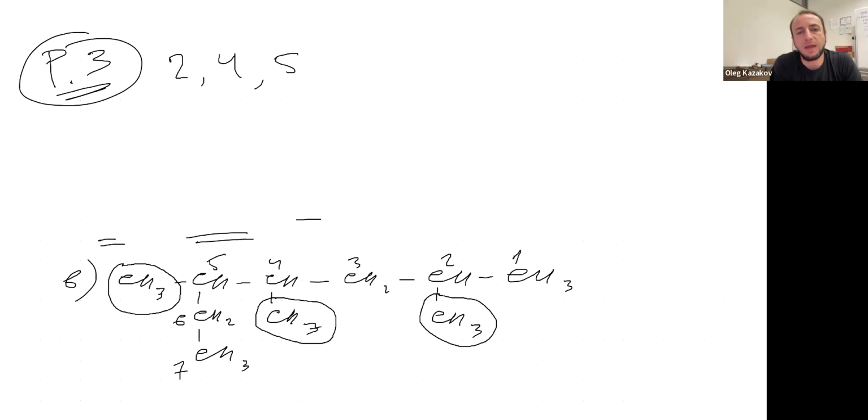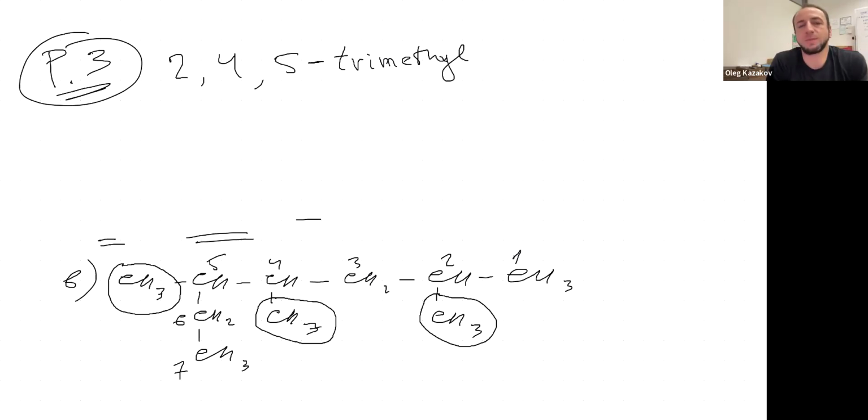What are those substituents? In total we'll have 3 methyls, so we'll say trimethyl. As you read it, you will know: 2, 4, 5, 3 carbons with substituents, and this trimethyl part says you will have a total of 3 methyls on those 3 carbons.